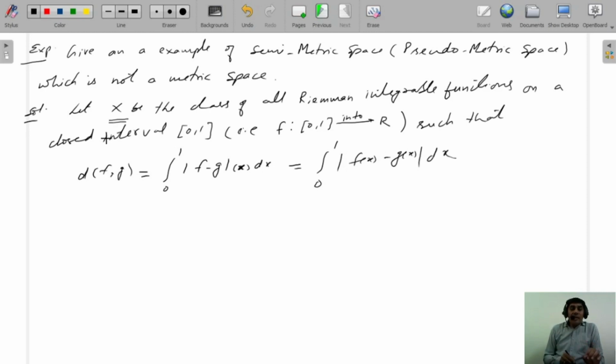We have to check that capital X is a semi-metric space but not a metric space.